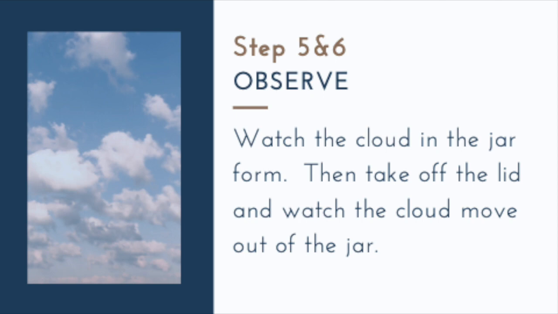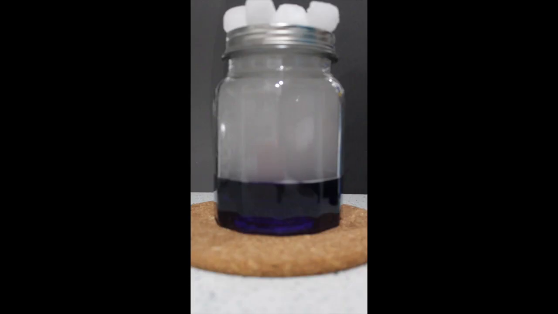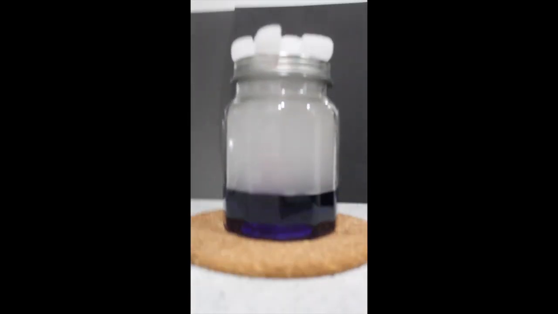Next, you can just watch the cloud form in the jar and then take off the lid and watch the cloud move out of the jar. If you look very closely where the water stops and the cloud starts, you can see the cloud moving a bit in the jar.